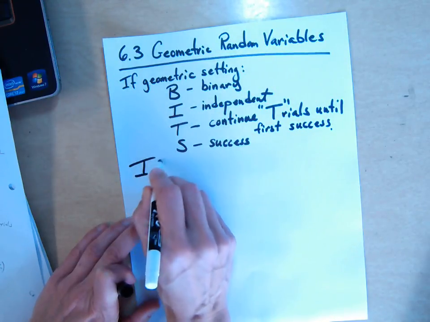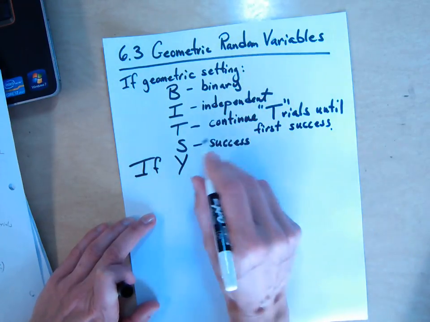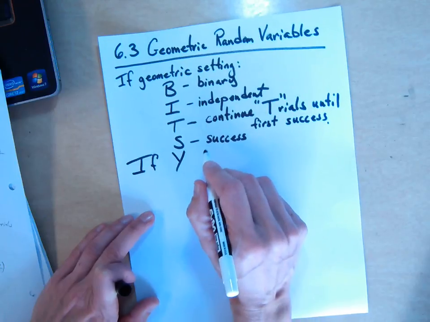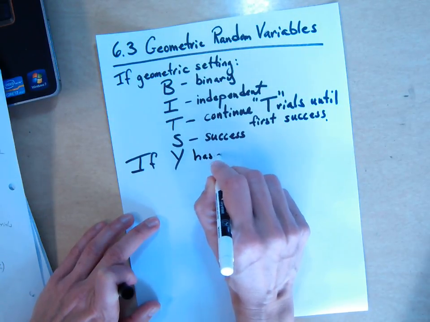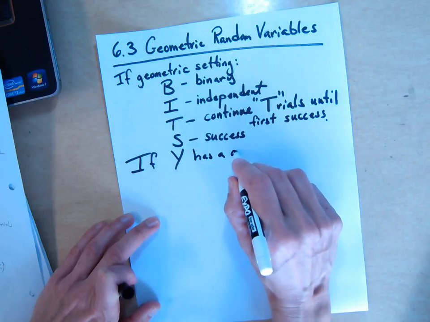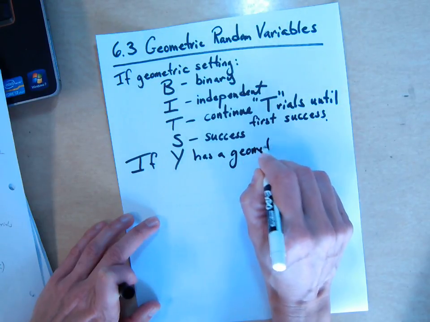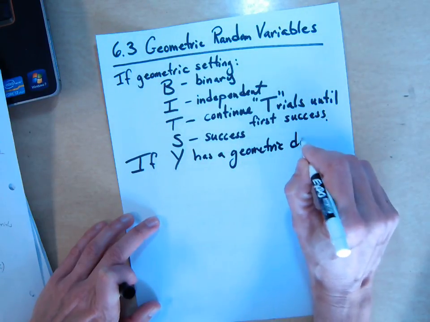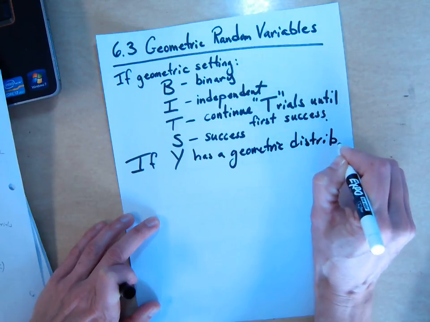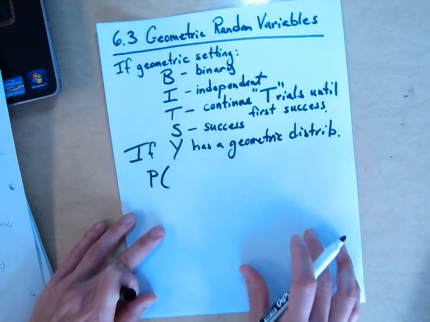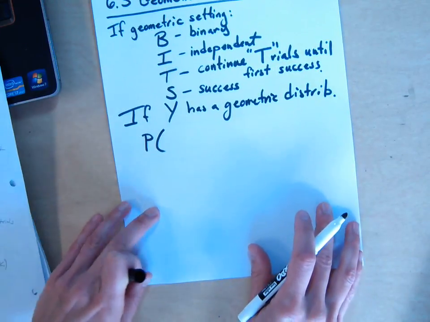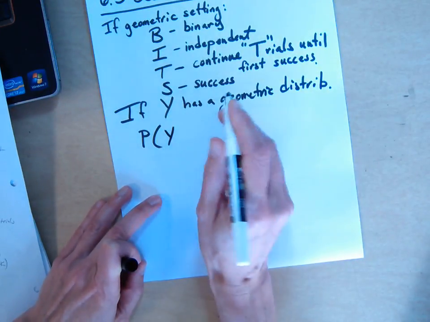So the formula for that, if you check it's the right setting, if Y has a geometric distribution, Y is a random variable, then the formula is this. And you're not going to memorize it. If you understand it, you just don't need to memorize it, but I want you to have it.